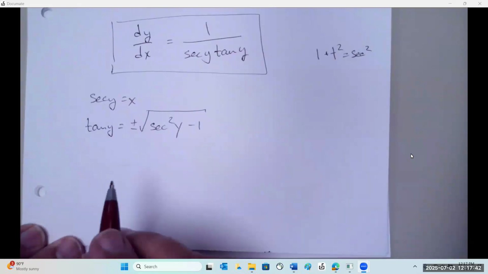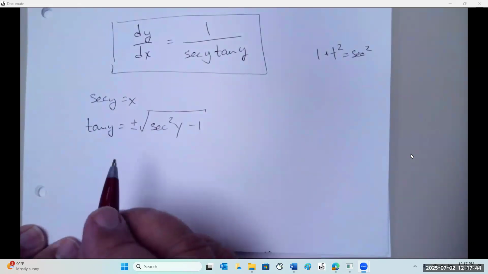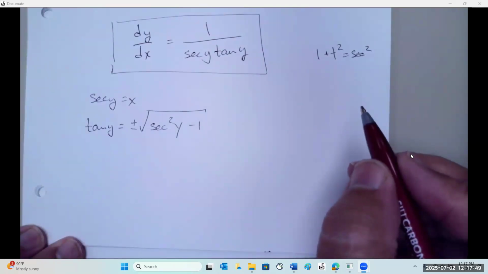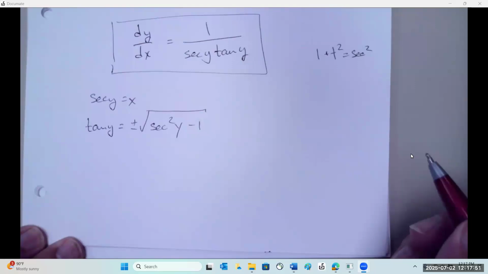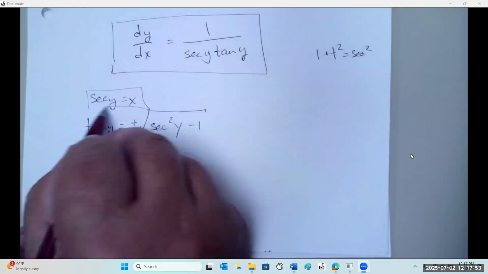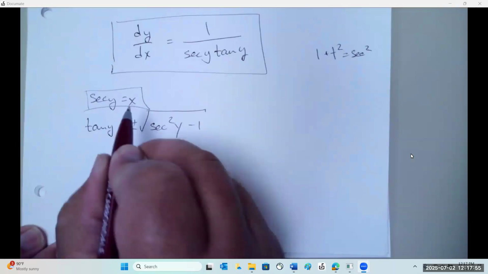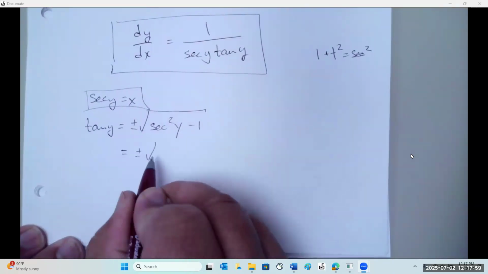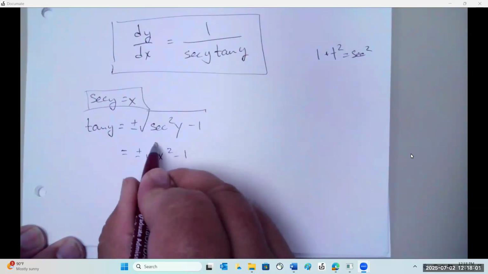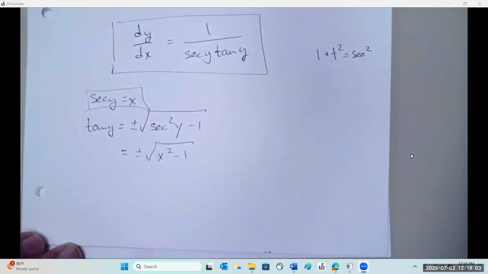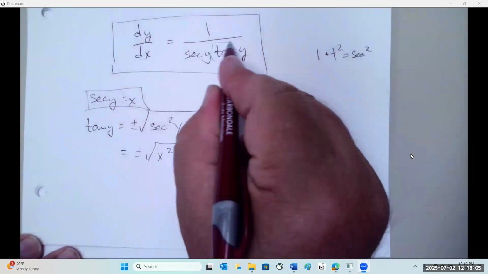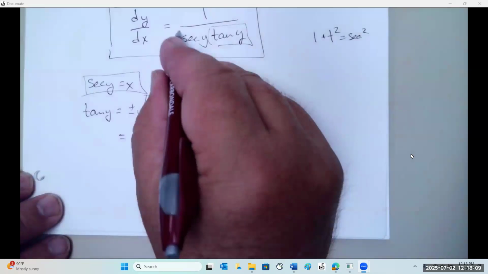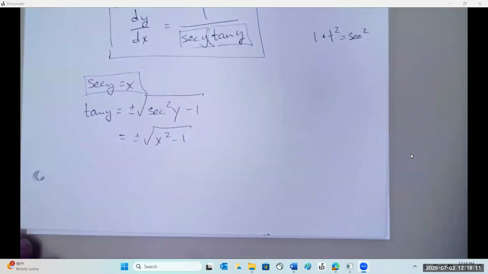Since secant y is x, this has to equal plus or minus the square root of x squared minus 1. That gives us this value. And secant y is this value.